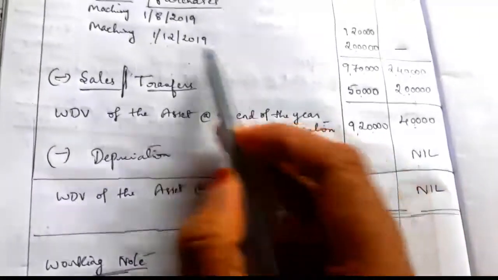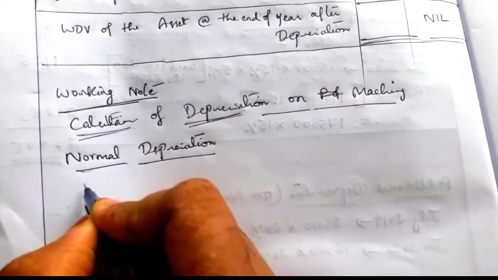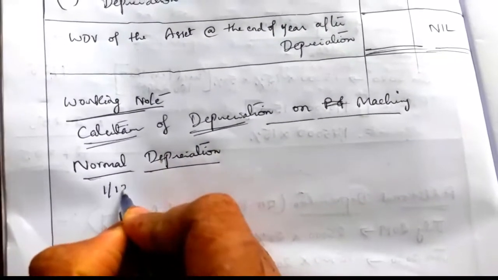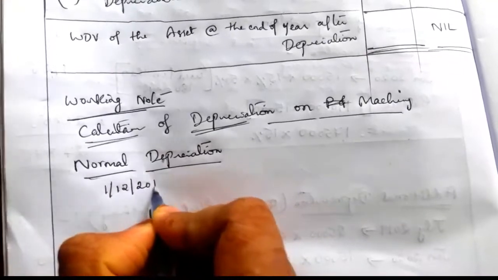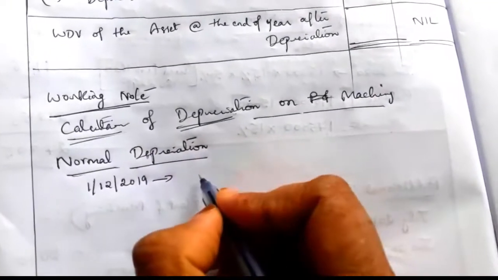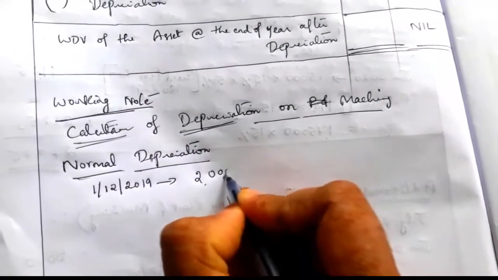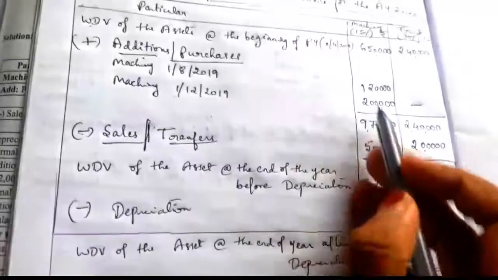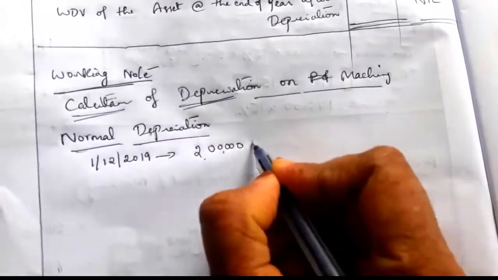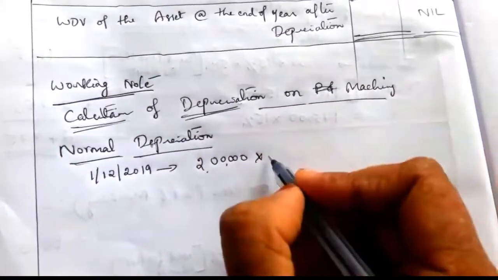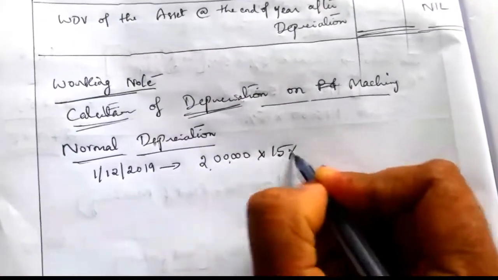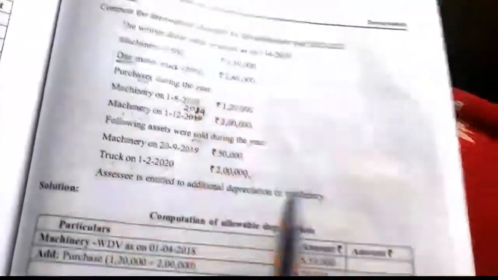So the machinery which is purchased on 1st December 2019, the value of machinery is how much? 2 lakh. Value of machinery 2 lakh into the normal depreciation for the machinery, which is 15%. In this question they have clearly given the rate of machinery as 15%.